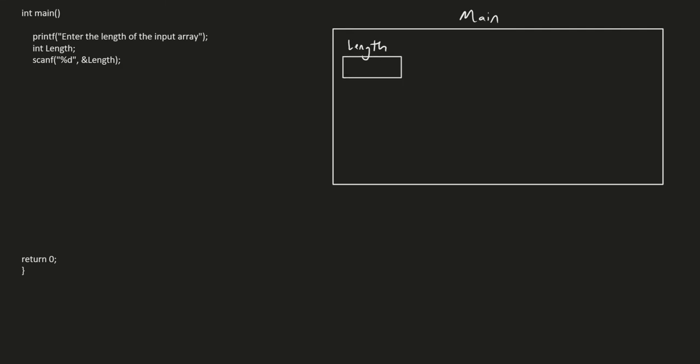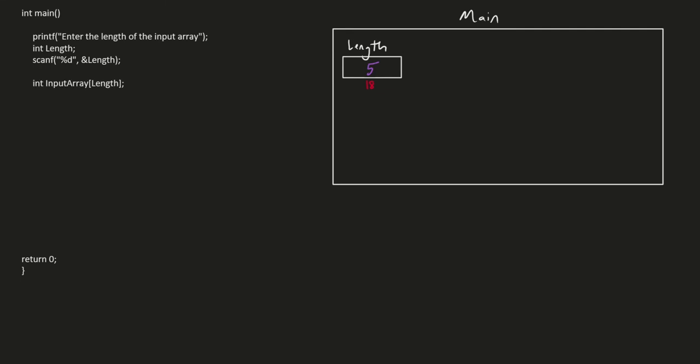And don't forget, scanf means we're going to read one number from the keyboard, and we have to tell the computer where exactly we're putting this number. We're putting it at the address of the length variable. So in my little model here, that'd be address 18. And let's just say that they entered in 5. So they want the input array to be of length 5 with 5 integers in it.